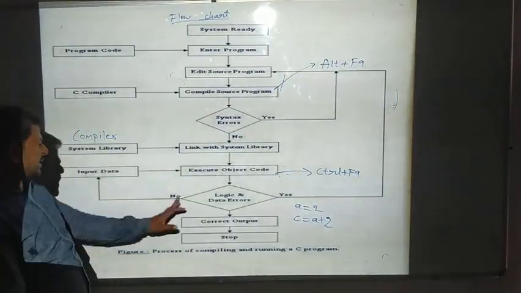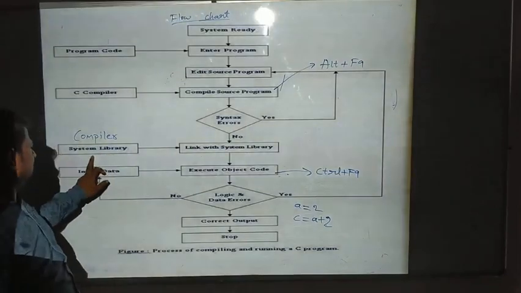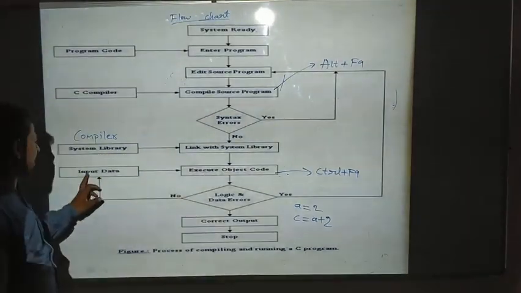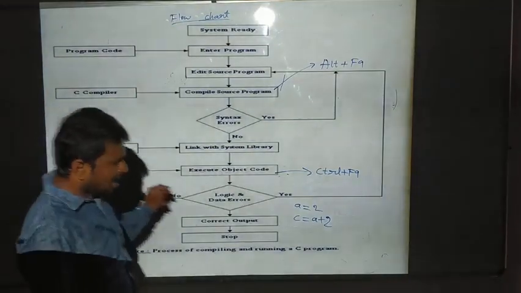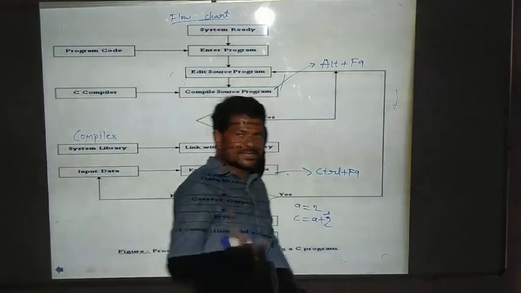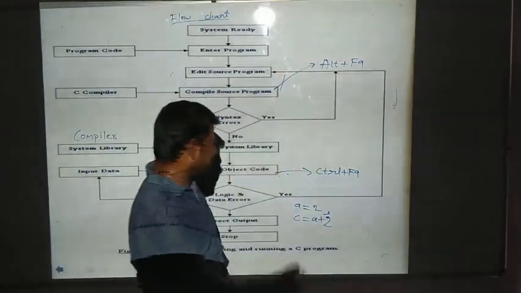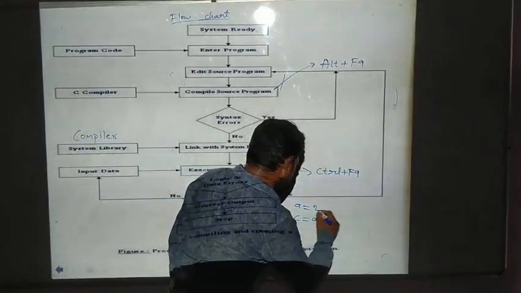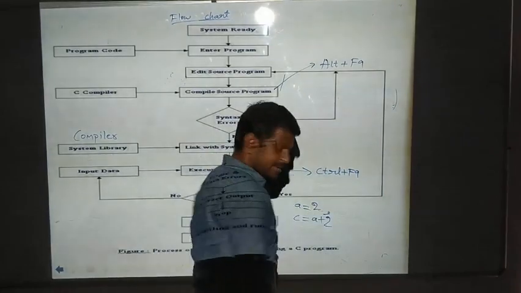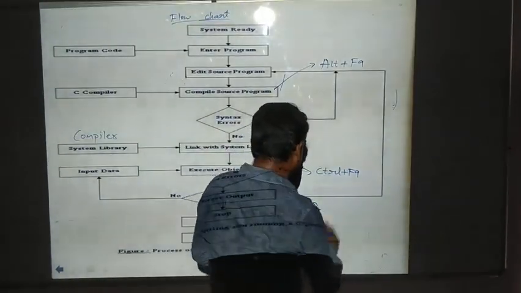If everything is correct, the system library links all the header files in our program, and when we are executing, input data will be asked. Why? When we are writing a program to add two numbers, 2 plus 3, after executing it will ask what is the number for a, and what is the number we have to add for b.